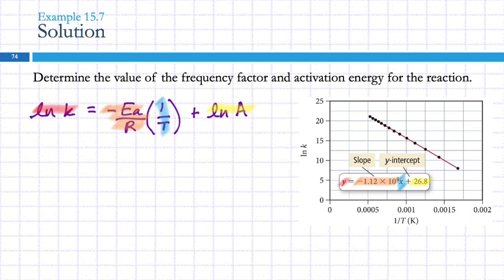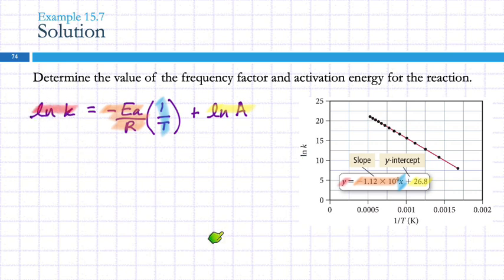Do you see how those two equations line up with each other? Our graph, natural log of K on the y-axis. So this is what Y is. Y is this guy over here. Why?